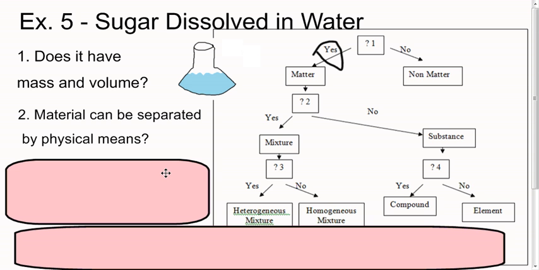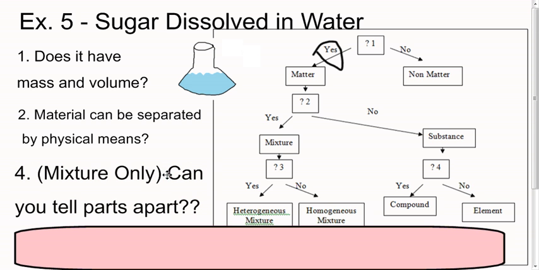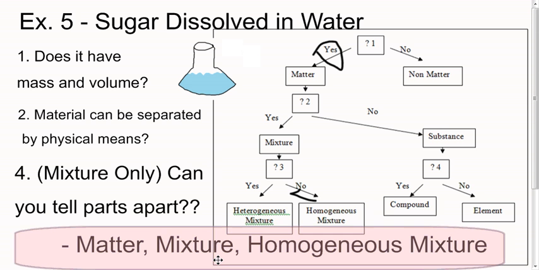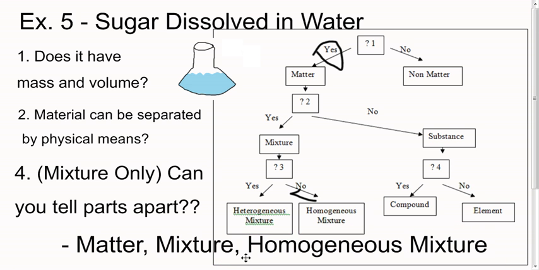That makes sugar water a mixture. And the final question, can you tell the parts of it apart? The answer to that is no. So sugar dissolved in water is matter, a mixture, and a homogeneous mixture.